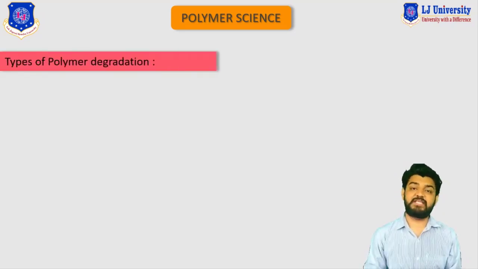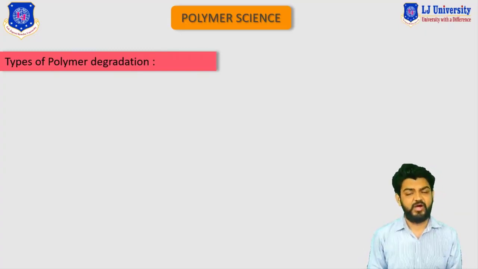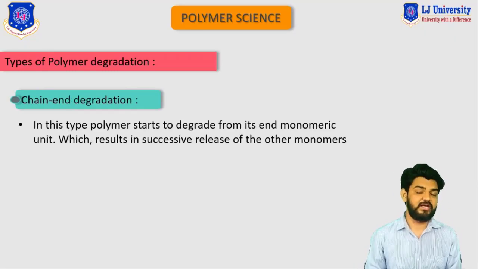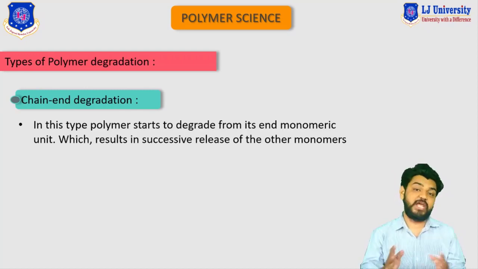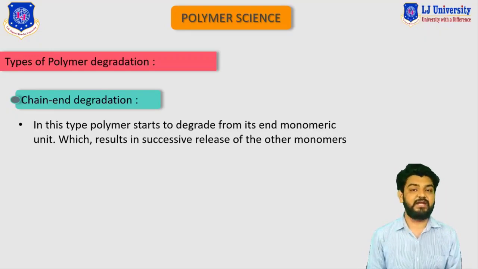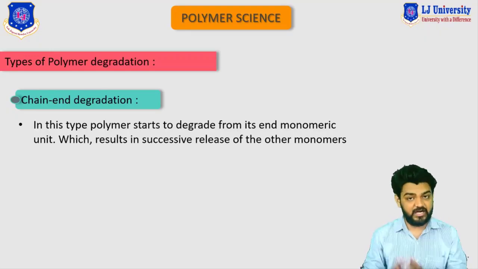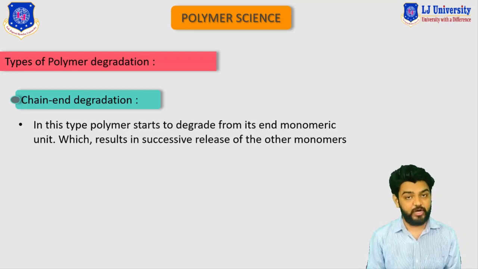Now, in this video, we are mainly going to focus on the types of polymer degradation. Polymer degradation can be of two different types. One is chain end polymer degradation. As the name itself suggests, it takes place at the end of the long chain of molecules.